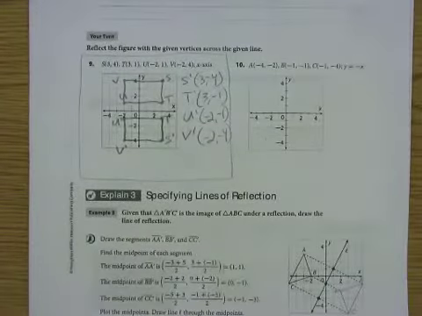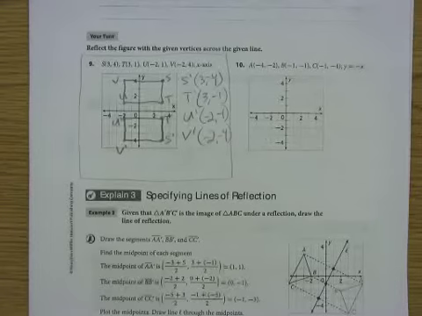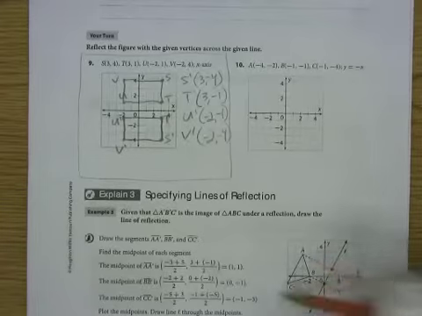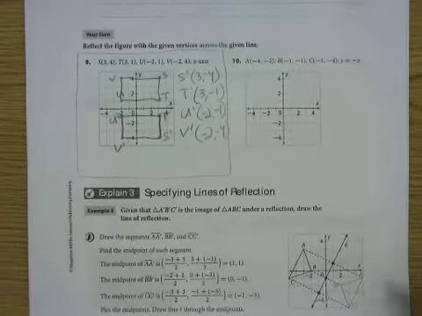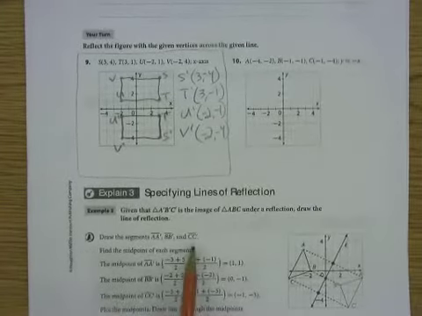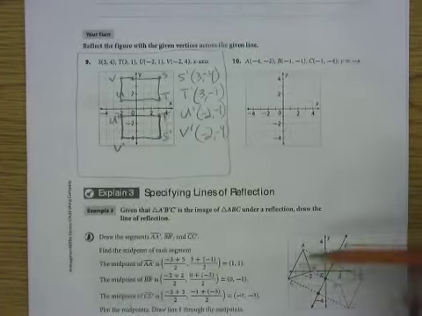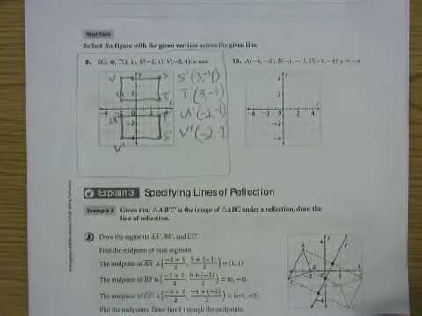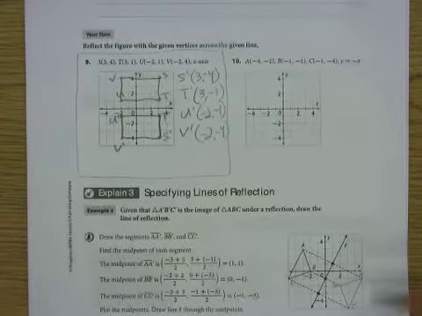In the next example, we have the original, we have the image. We're trying to figure out where the line of reflection is. So in part A, here's the pre-image, here's the image, and the first step is to draw the segments A to A prime, B to B prime, C to C prime, and to find the midpoint of each segment.